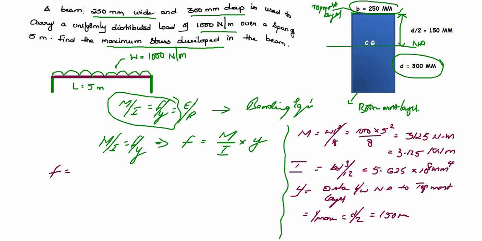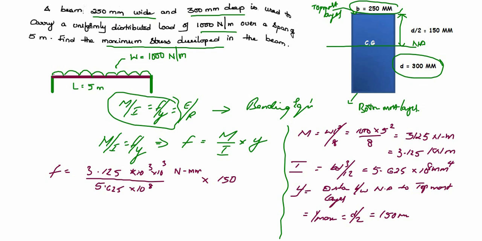F is equals to 3.125 kilonewton meter. Of course, you can just write it down as 3.125 into 10 to the power 6 Newton mm, because the remaining values are in terms of mm, and I is equals to 5.625 into 10 to the power of 8 multiplied by y, which is equals to y max 150.